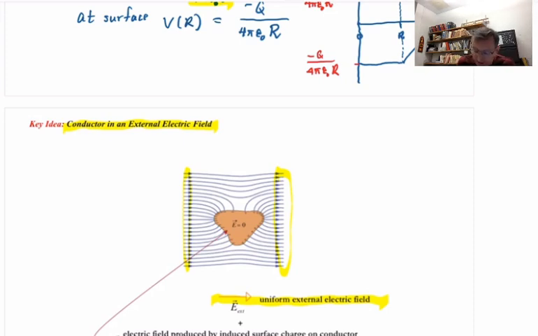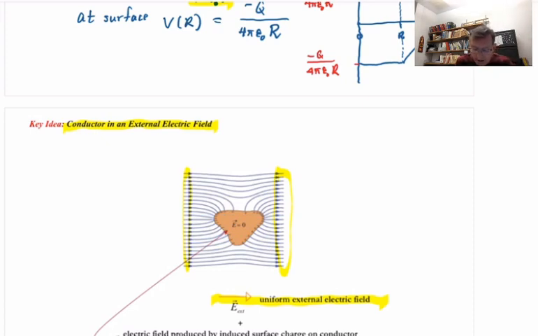So in the body of that conductor, the electric field must equal 0. So there can't be any electric field lines piercing inside that body of that conductor. Yet there's this external field. So why don't you have just electric field lines going straight through like that? Well, basically the conductor itself won't allow that to happen.